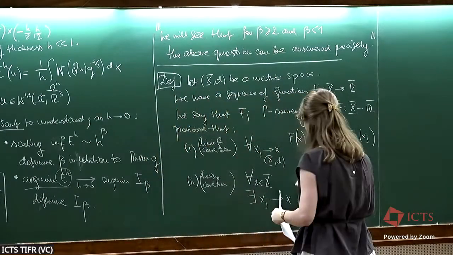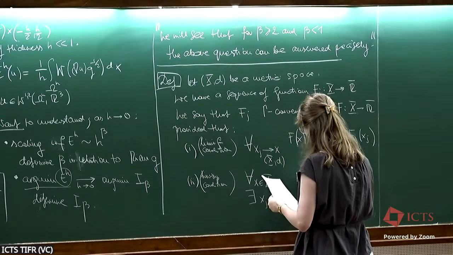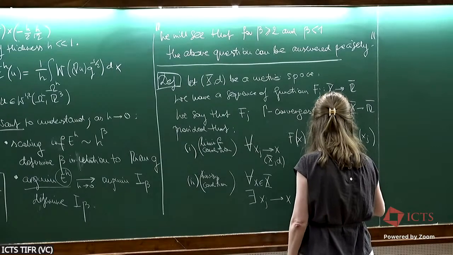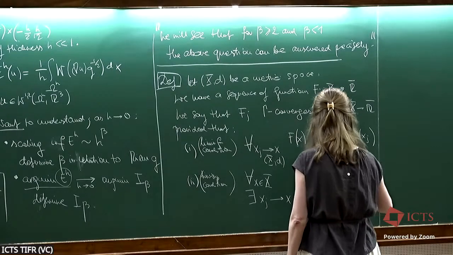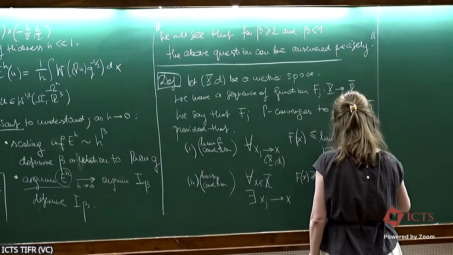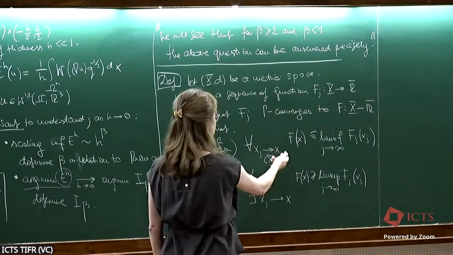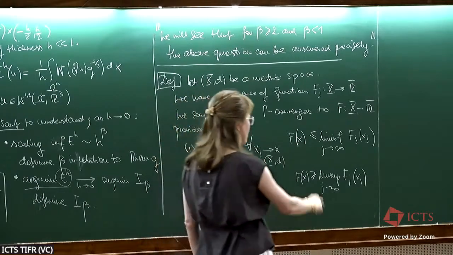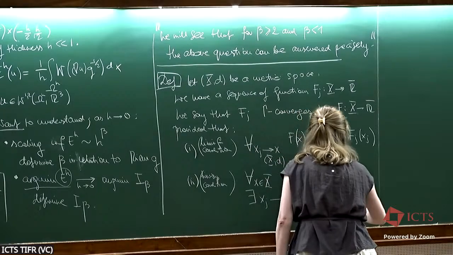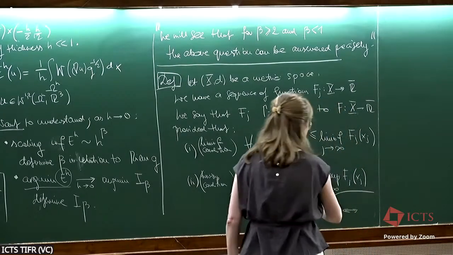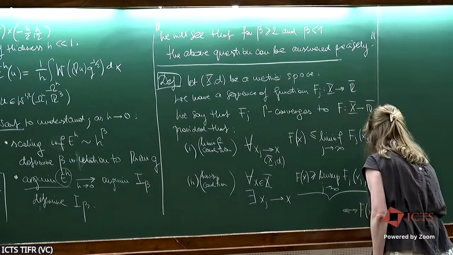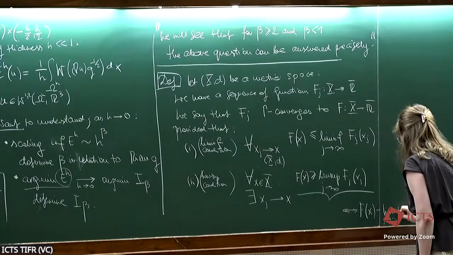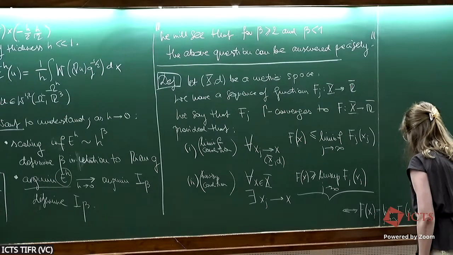Basically, of course, equivalently, it says lim-sup condition. I'm going to write F(x) is greater or equal than the lim-sup as j goes to infinity of F_j(x_j). But in view of the first condition that's true for any sequence, okay, this automatically means that F(x) equals the limit when j goes to infinity of F_j(x_j).